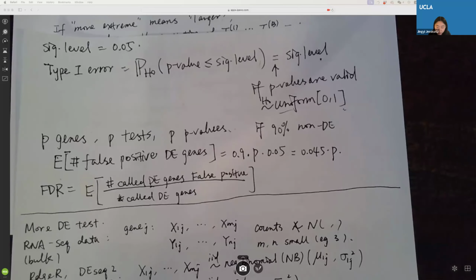To many people, this might be too many, right? 450 false positive genes will waste my experimental validation. Then what do I do? This is where the multiple testing problem begins.